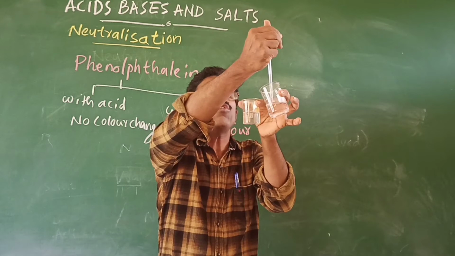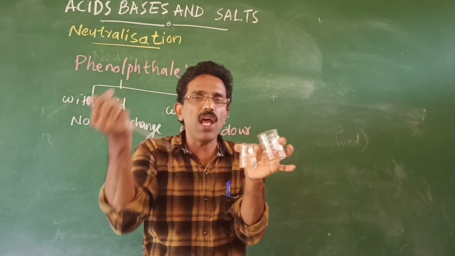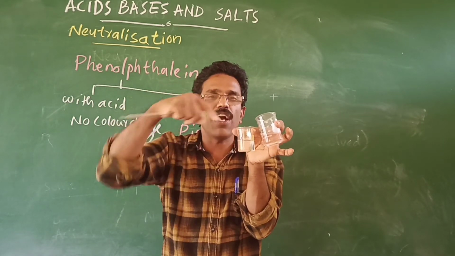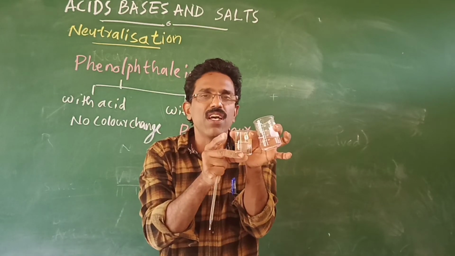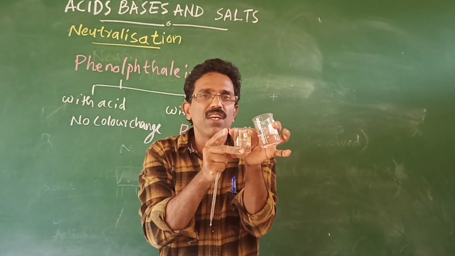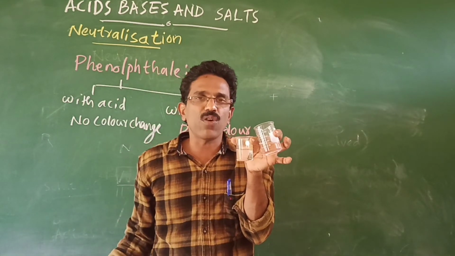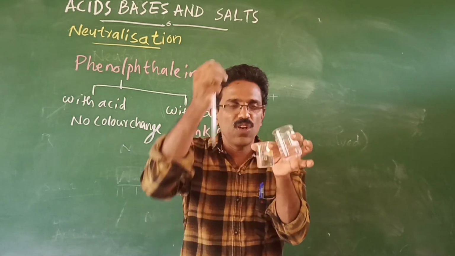When we add a suitable amount of sodium hydroxide to this hydrochloric acid, what happens? All the hydrochloric acid molecules present in this mixture react with the sodium hydroxide and get neutralized.